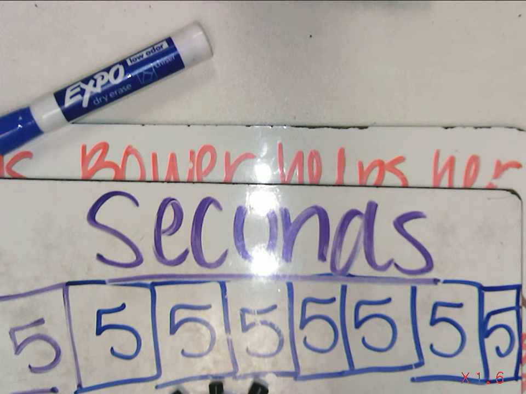Maybe we could measure how long it takes to run a certain distance. Maybe how many seconds it takes us to all turn in our papers at the same time. How many seconds it takes us to walk to the carpet. Ooh, how many seconds it takes us to transition in a math rotation. There's so many ways that we can use seconds.